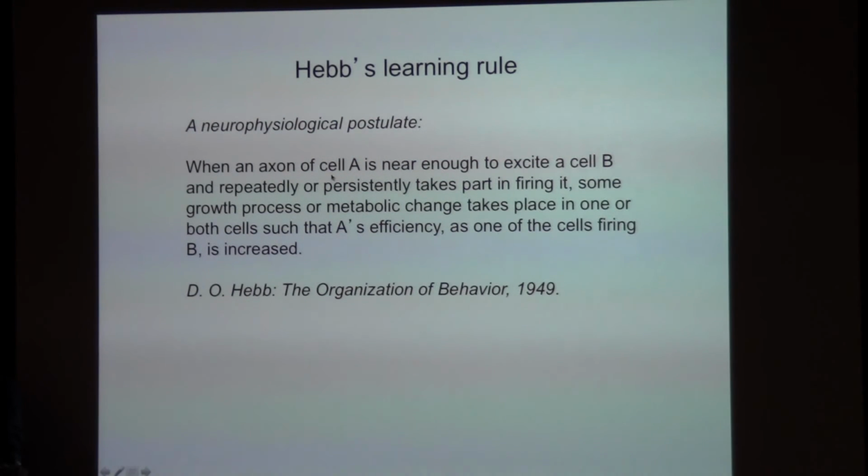Basically he said that if an axon of cell A is near enough to excite a cell B, and repeatedly or persistently takes part in firing it, then some process will happen that makes the efficiency of A in firing B increased. A simple way to say this is: fire together, wire together. If two cells tend to fire together, they excite each other, so their connection should be strengthened.